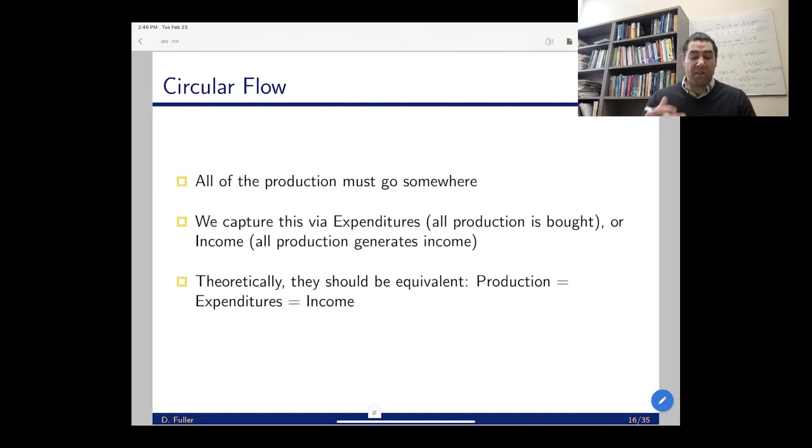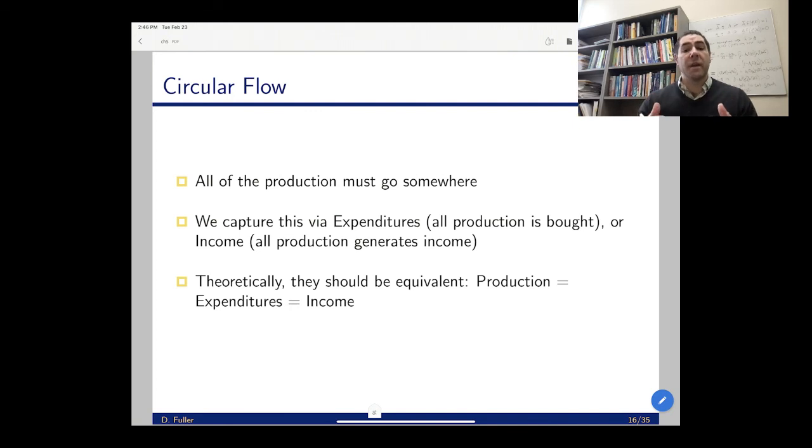So if I look at what we call the circular flow, it tells me that all production has to go somewhere, right? So as I break up the economy into different groups between producers and consumers, the inputs to production, labor, etc., everything that we make has to go in one of these places, right?